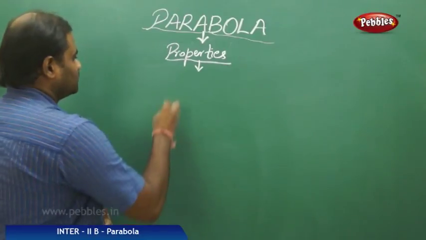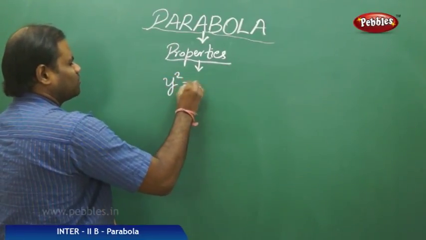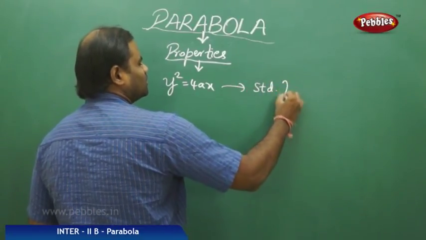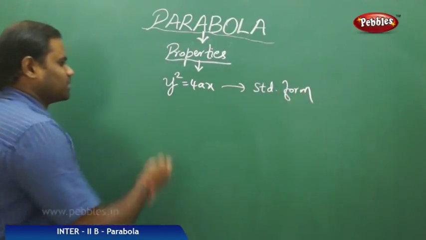Now let's take the equation of the parabola in standard form as y squared equal to 4ax, which is called the standard form of representing the parabola.